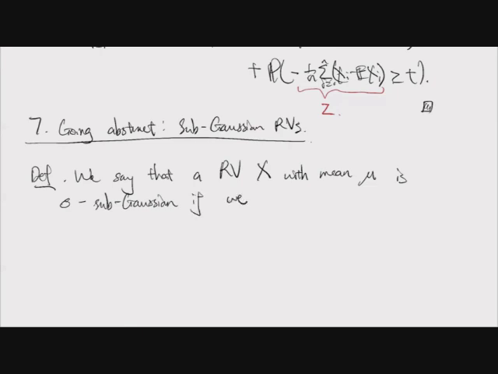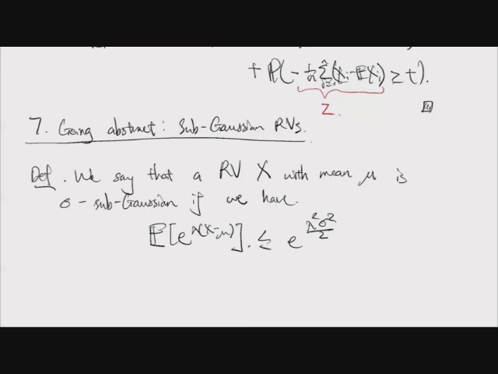So x is sigma sub-Gaussian if we have the bound of the MGF. I want to center x, and the bound is going to be what we saw in the Gaussian case, e to the lambda squared sigma squared divided by 2.